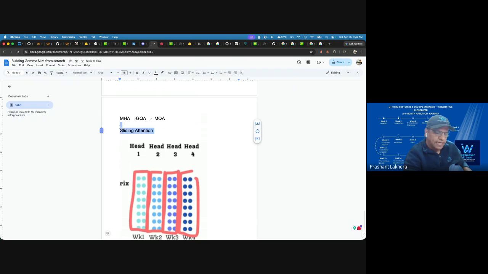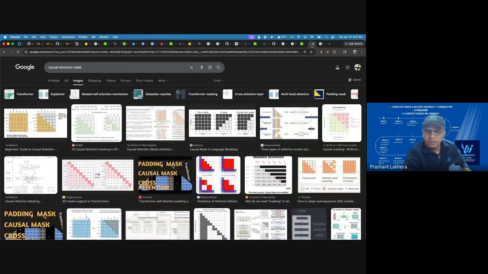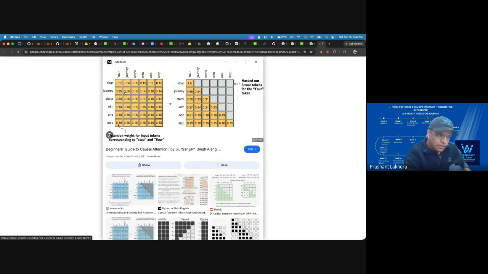Has any one of you heard about this sliding attention? If we go back to this example, what we are doing here as part of causal attention or masked attention is that we want our token not to see any of the future tokens. But what Google and these others have done is they even prevent the model from seeing further back in the past.